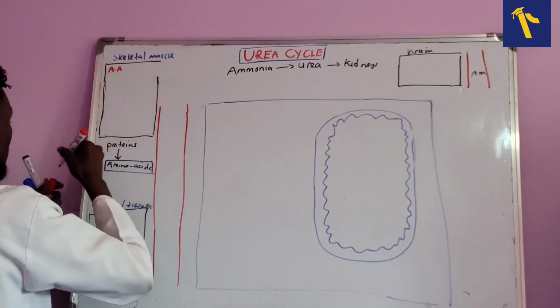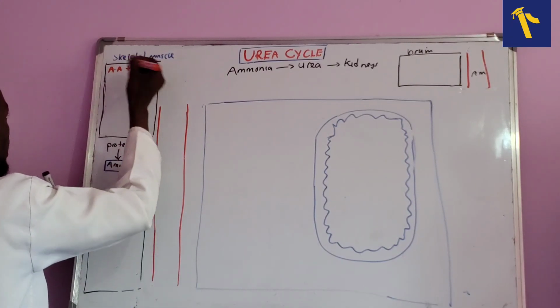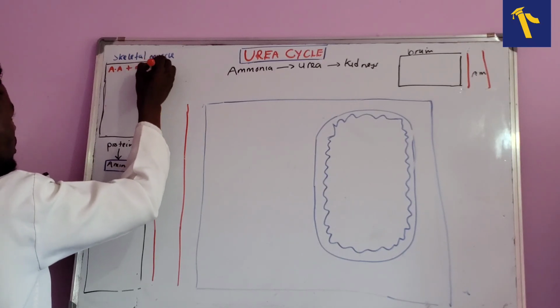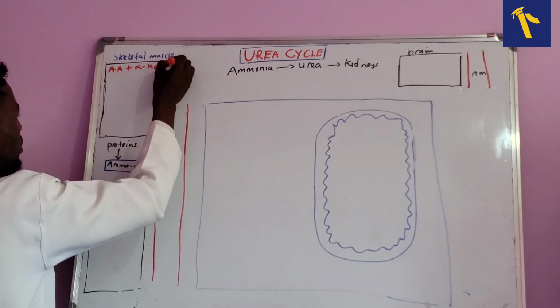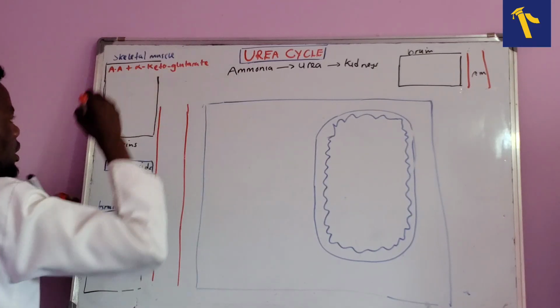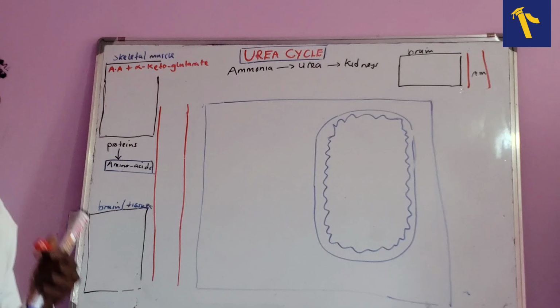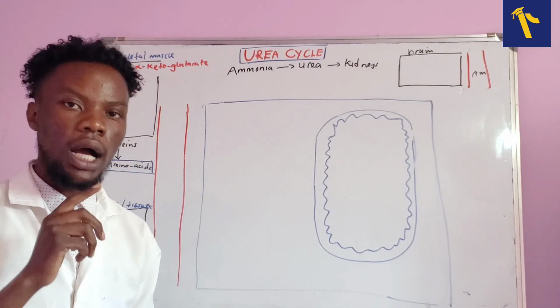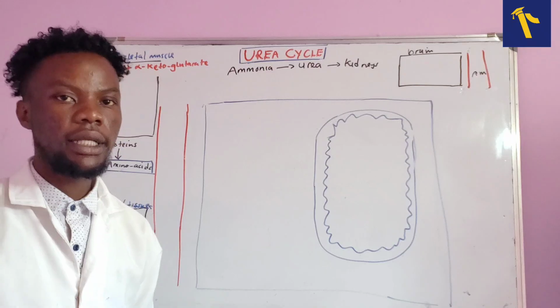This one. So amino acid is going to combine with this one, which we call alpha ketoglutarate. It's going to combine with this very important molecule. Always remember that molecule, alpha ketoglutarate.